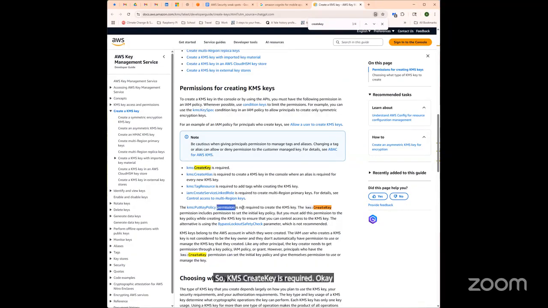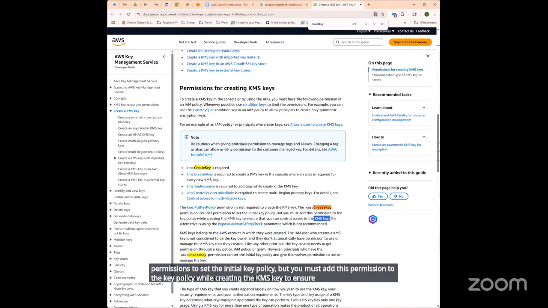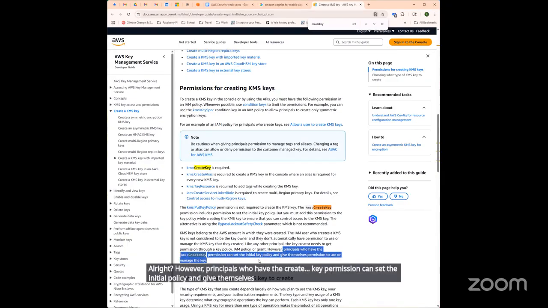Putting the key policy is not required. KMS create key permission includes permissions to set the initial key policy, but you must add this permission to the key policy while creating the KMS key to ensure you can control access to the key. However, principals who have the create key permission can set the initial policy and give themselves permission to use or manage the key.